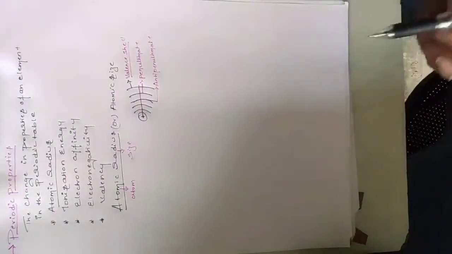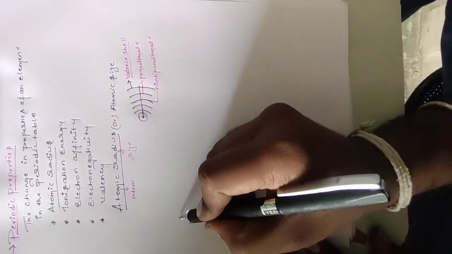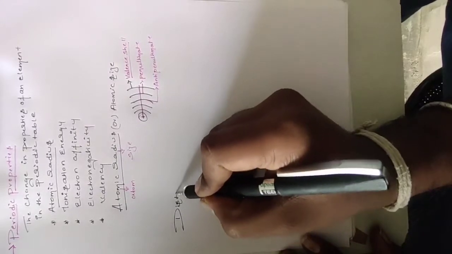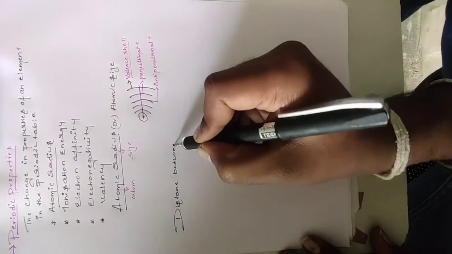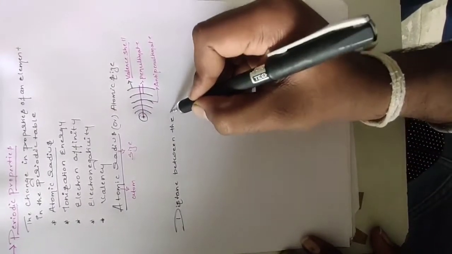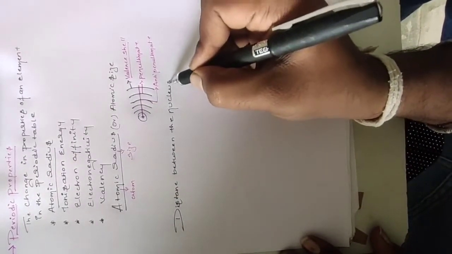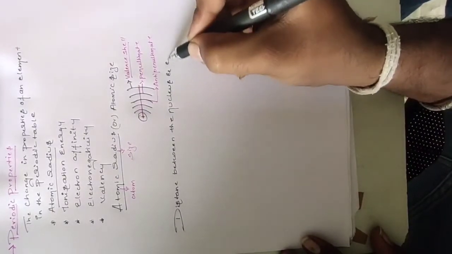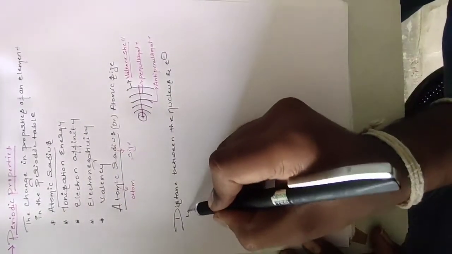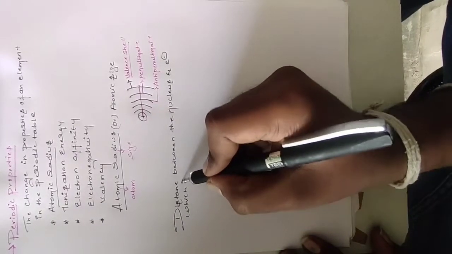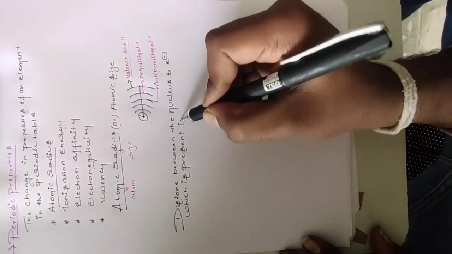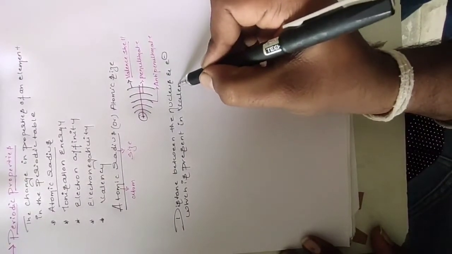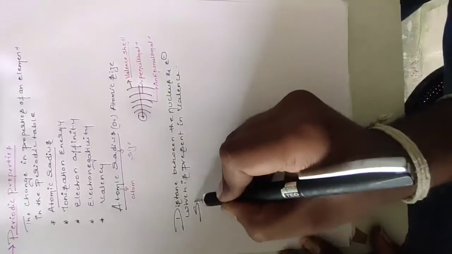We'll write the definition: the distance between the nucleus and electron which is present in valency shell.